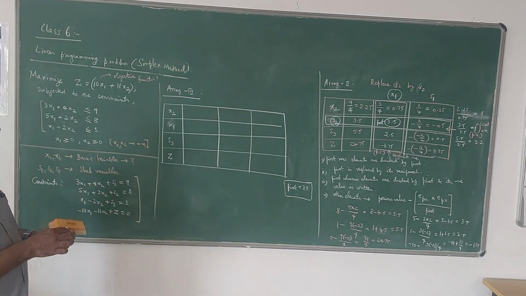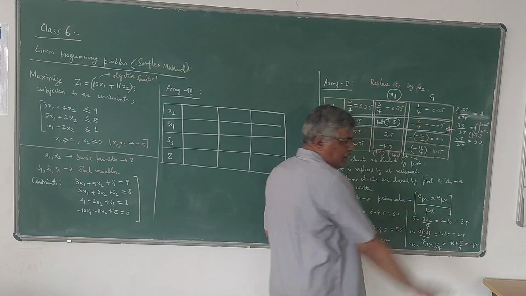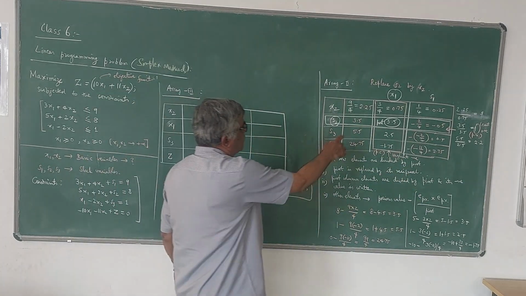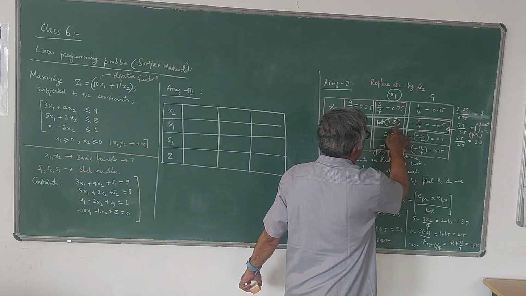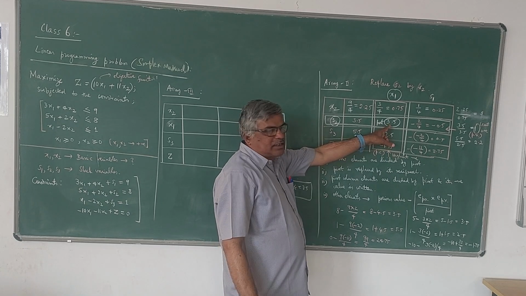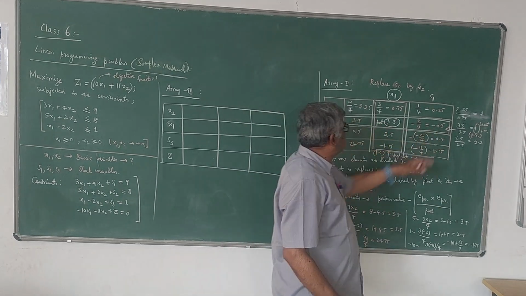Now we have to proceed along the same lines. Pivot row elements are divided by the pivot. So what are the pivot row elements? 3.5, 3.5, minus 0.5. But this pivot should be replaced by its reciprocal. Only these two we have to divide.